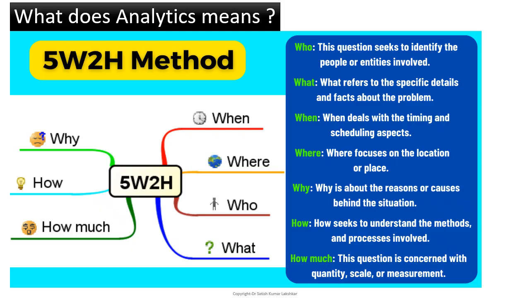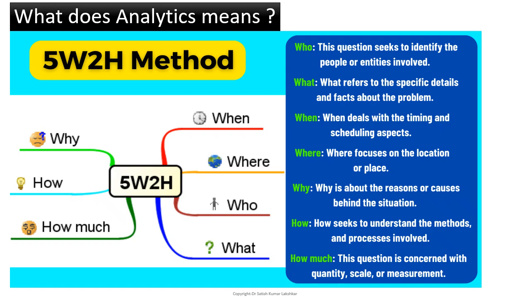So first is who. Who means this question seeks to identify the people or entities involved. Second, what refers to the specific details and facts about the problem. Third, when deals with the timing and scheduling aspect. Fourth, where focuses on the location or the place where something has happened.